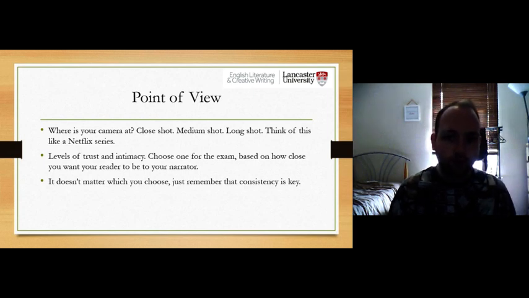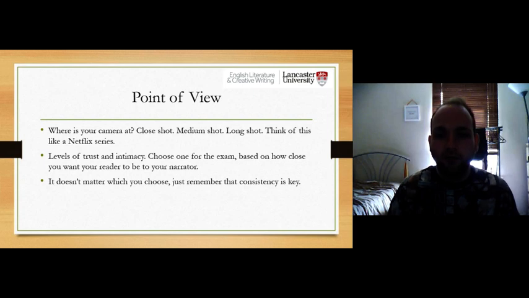The question that you always want to ask yourself is, how close do you want your reader to be to your narrator? That might seem like a really obvious question, but I think it's really interesting if you think about the distance between us and the character. Do we want to be really close to somebody who's mentally ill?